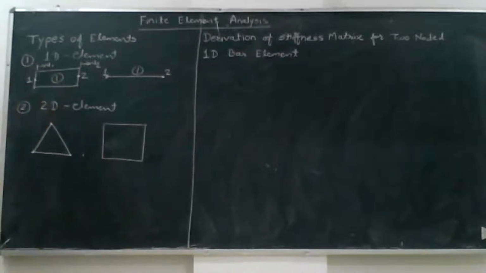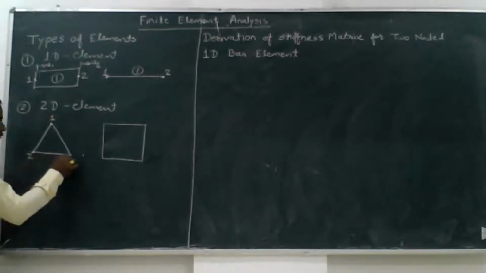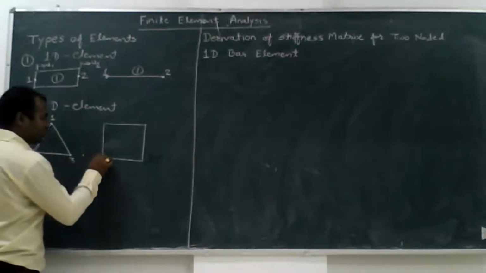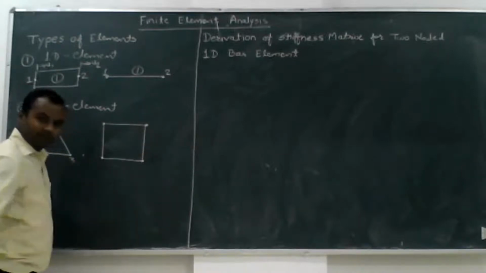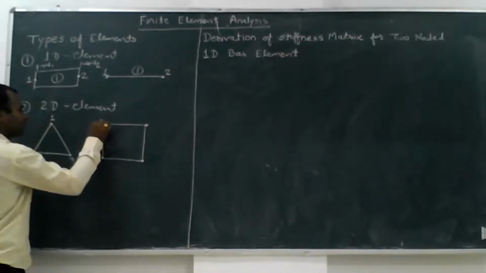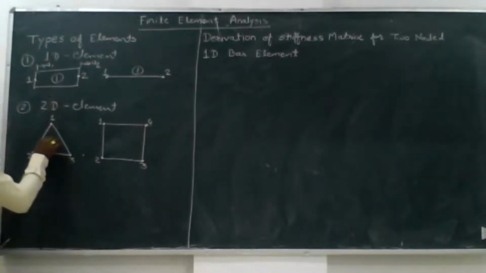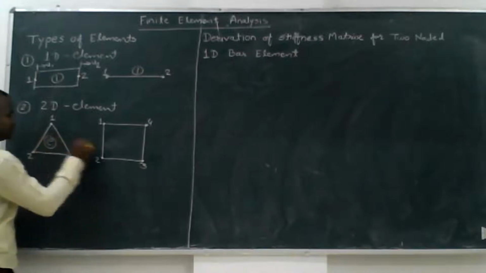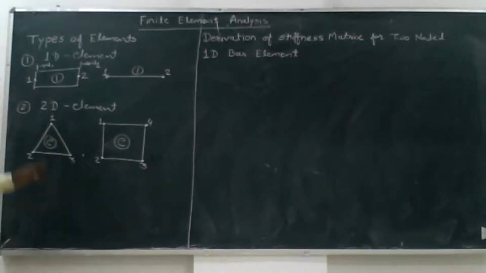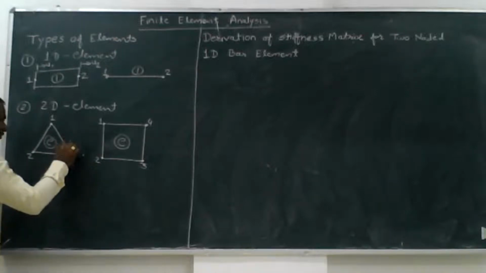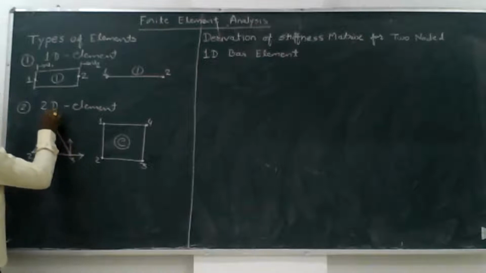The corners of the triangle are the nodes, so this is node number 1, 2 and 3. For the quadrilateral, as there are 4 corners, there are 4 nodes: 1, 2, 3, 4. This is an element. The deformation in a two-dimensional element is possible in 2 mutually perpendicular directions.